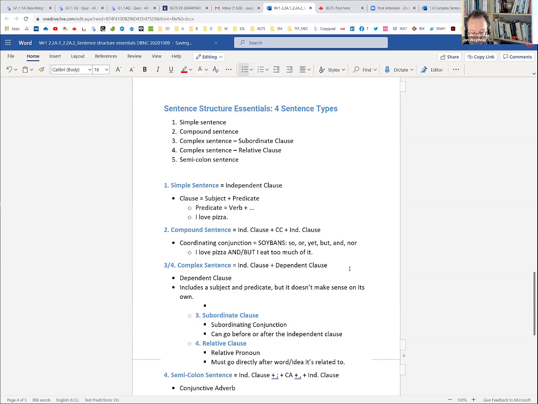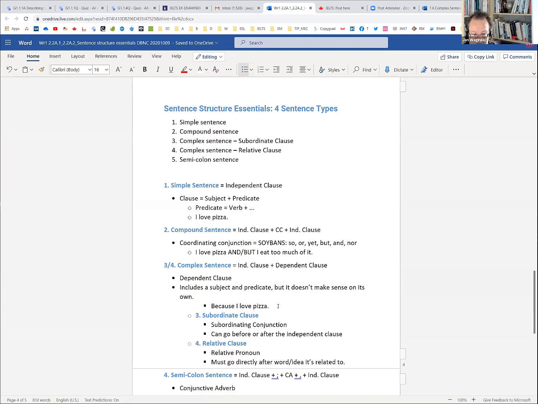An example of that would be, because I love pizza. So I love pizza by itself is an independent clause, and it's perfectly fine on its own as a complete sentence. But as soon as you put one of these words in front of it, it stops making sense on its own. All right, so just looking at our previous example, I love pizza, but I eat too much of it.